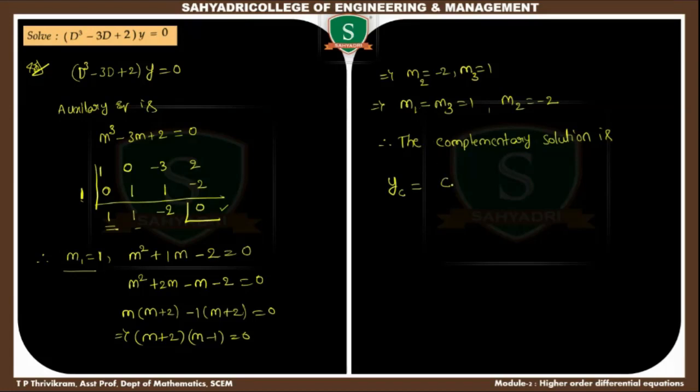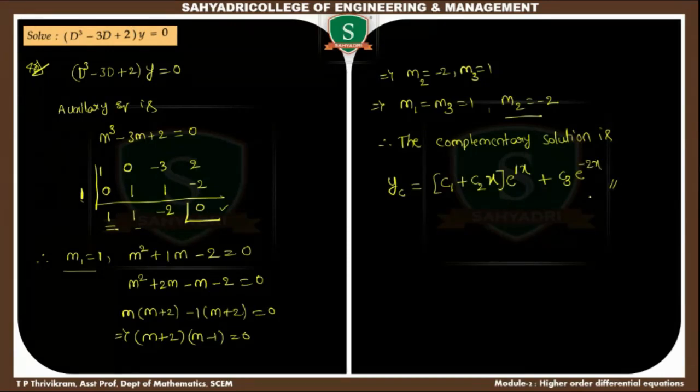You need to write (C1 plus C2 x) into e power m1x or m3x. So m1x is nothing but 1x, so I can write 1x here. Plus this is the distinct root other than this, so I have to write C3 e power minus 2x.